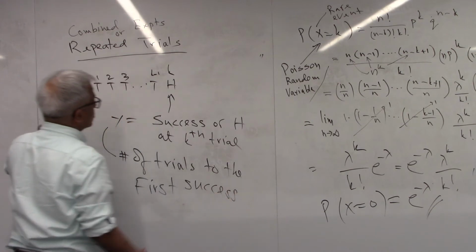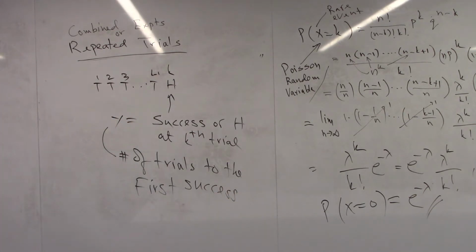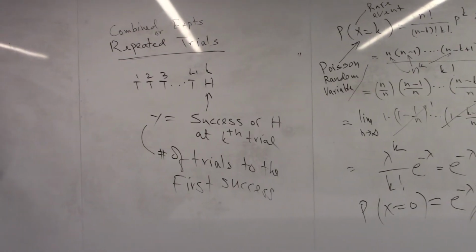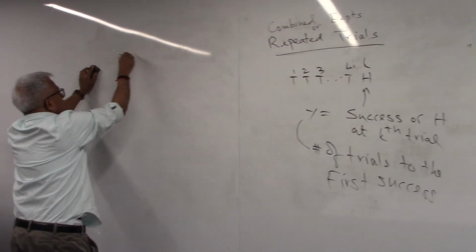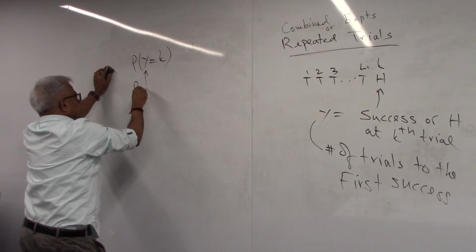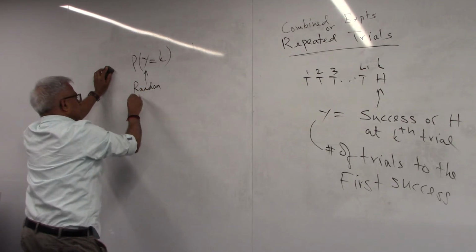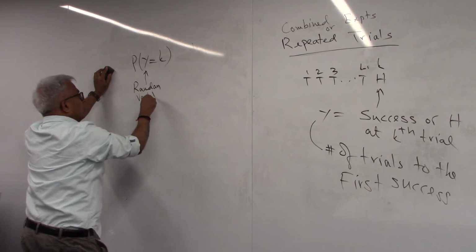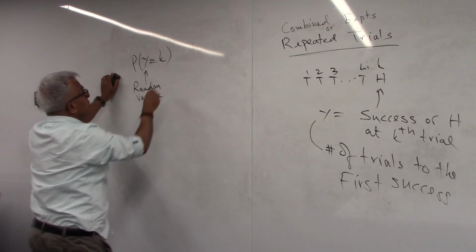So we are talking about tossing a repeated coin, but let's say we are interested in a success or a head. So what is the probability that Y equal to k? Y is of course a random variable because we don't know how many trials it would take.